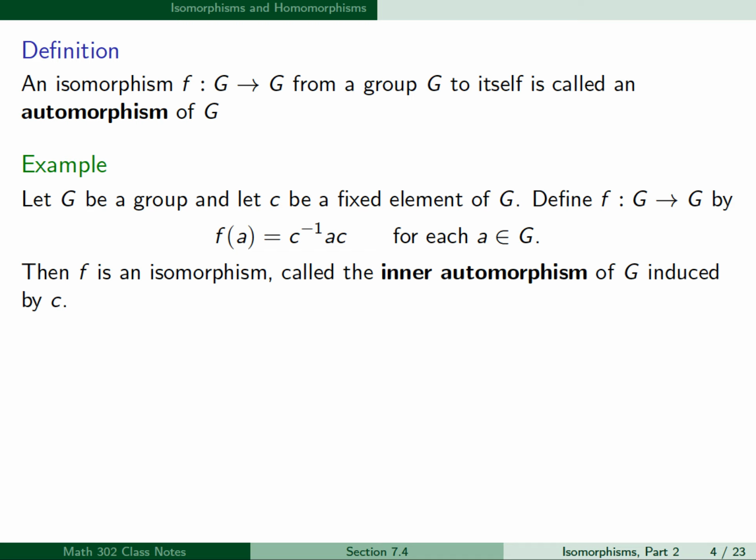To show f is a homomorphism, we need to show for all elements a and b in G, f of ab is equal to f of a times f of b.